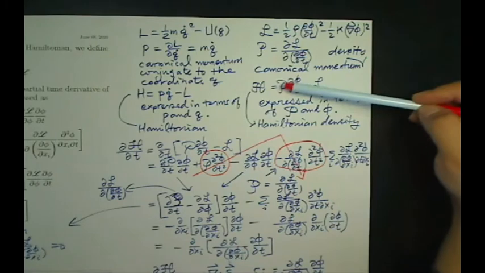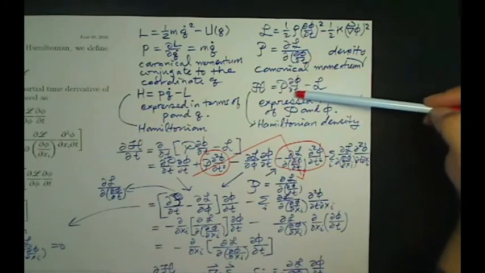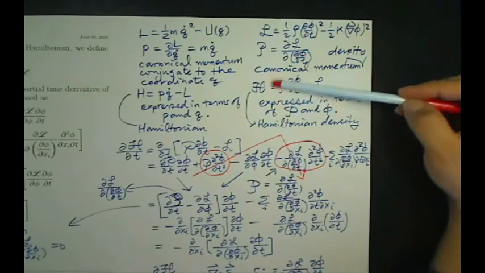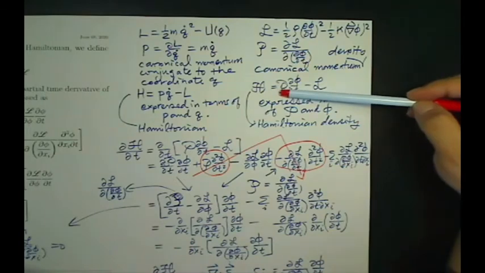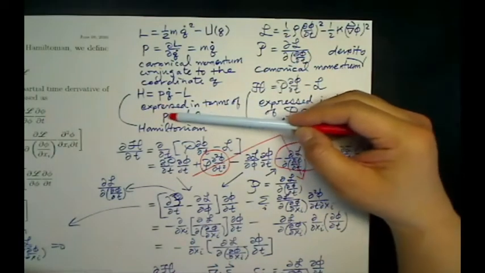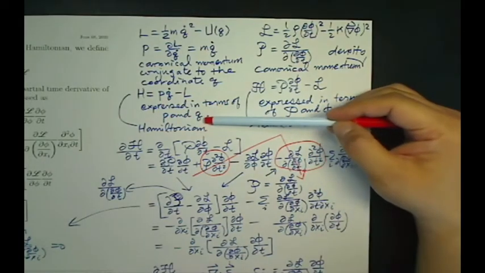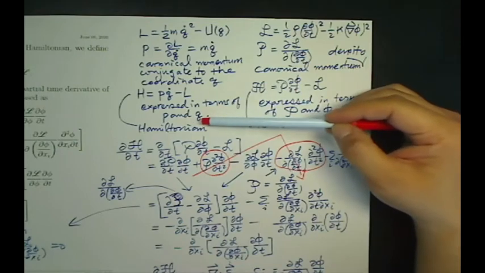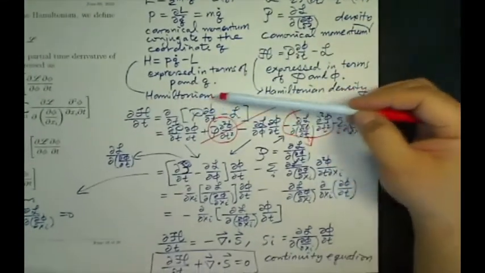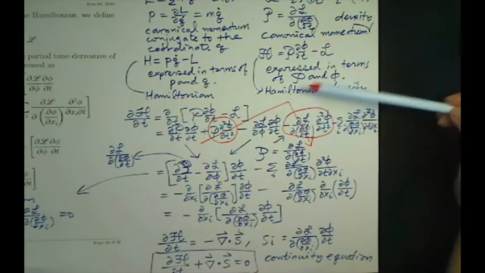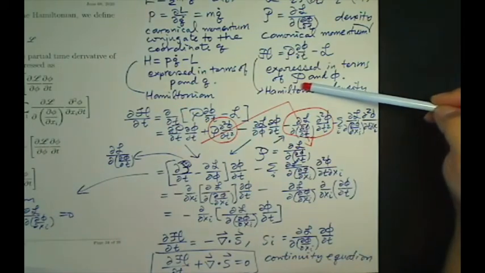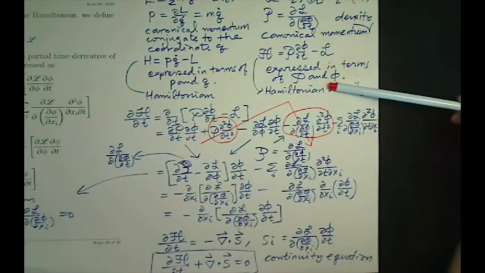Then we substitute the time derivative of the field, multiply by the canonical momentum, and subtract the Lagrangian density function, which gives the Hamiltonian density function. Again, the Hamiltonian should be expressed in terms of the canonical momentum and its conjugate, thus the generalized coordinate. In a similar manner, the Hamiltonian density should be expressed in terms of the canonical momentum density and the generalized coordinate, that is the field phi.